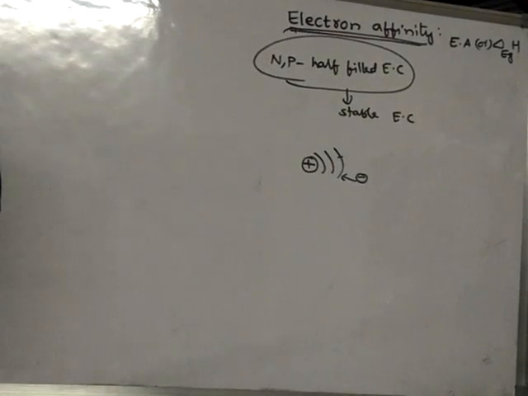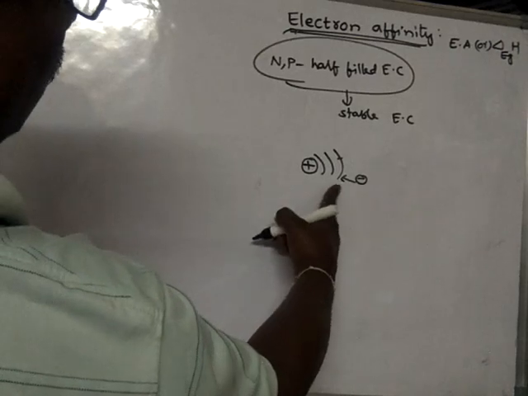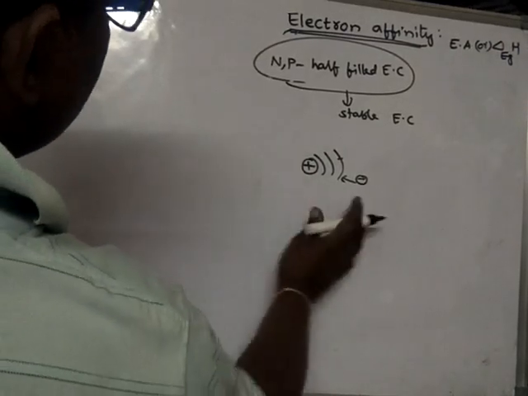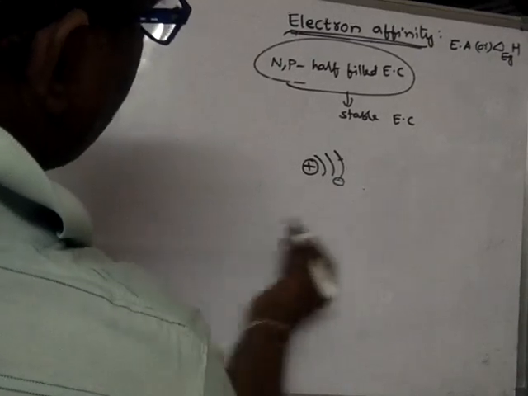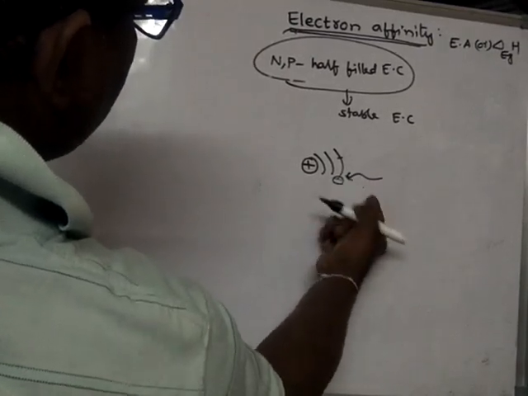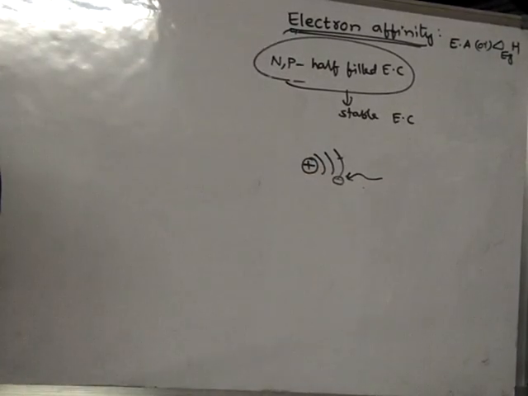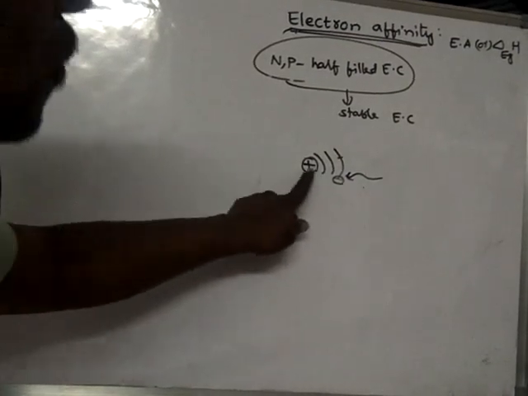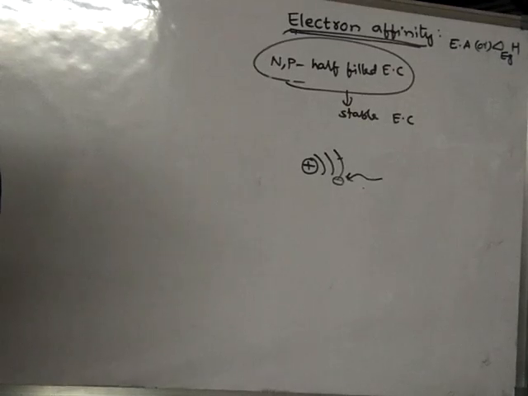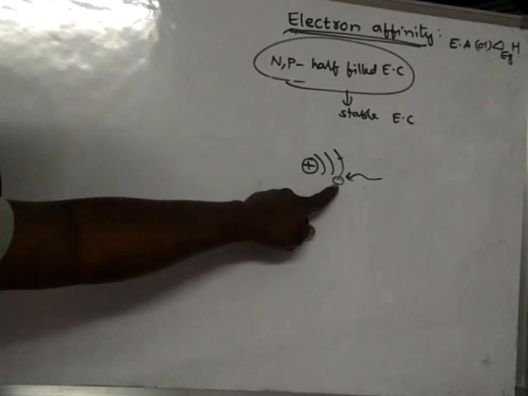Okay, suppose you want to add an electron into such atoms. In order to add this electron into the atoms, we have to supply energy to the atom. Even for the first electron affinity, we have to supply energy to this atom, so that the electron will be included in this atom.